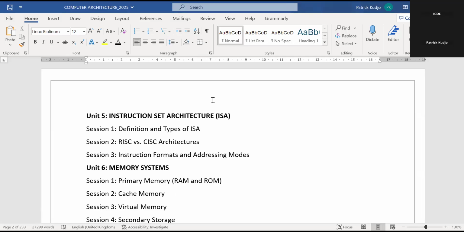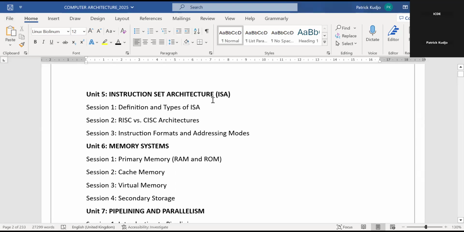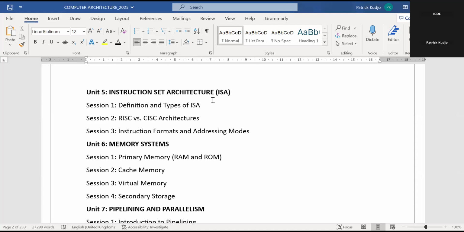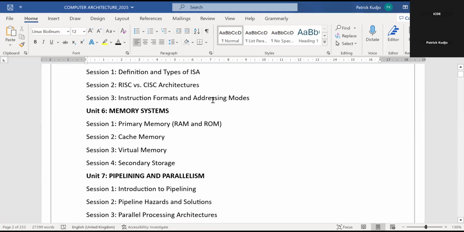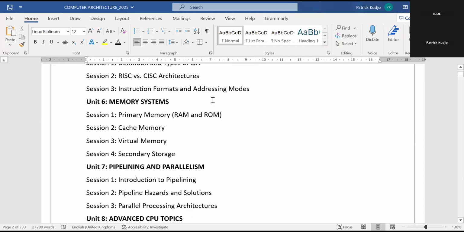Under that, after the definition and reviewing the types, we will also look at the distinction between the complex instruction set architecture and the reduced instruction set architecture. That will be discussed. We will also look at instruction formats and addressing modes.